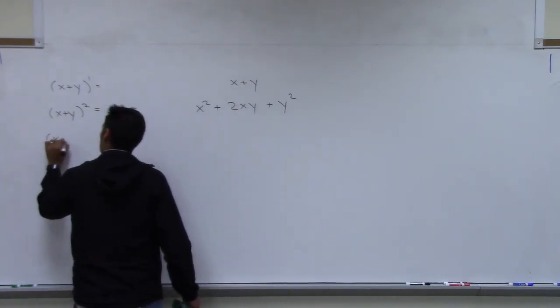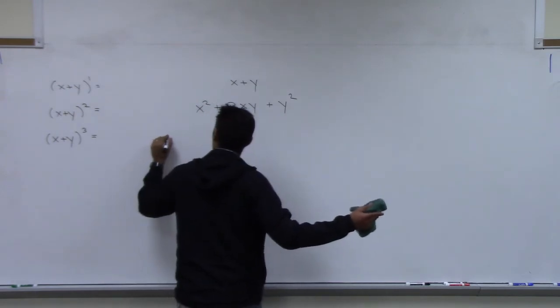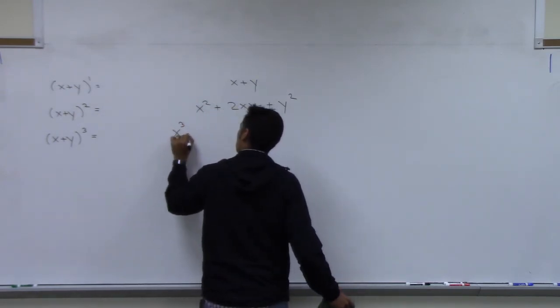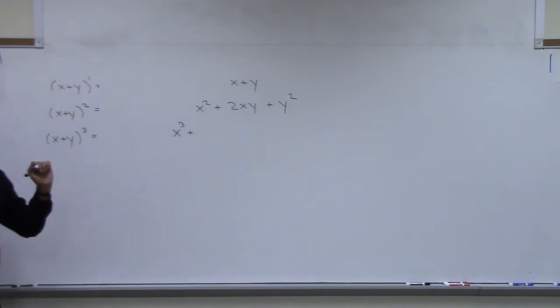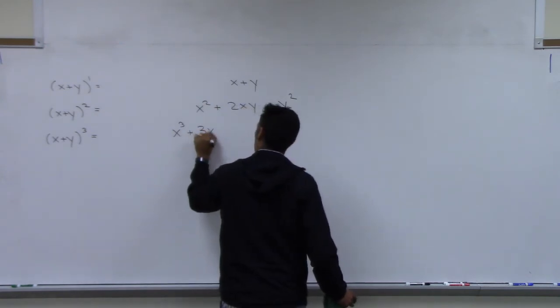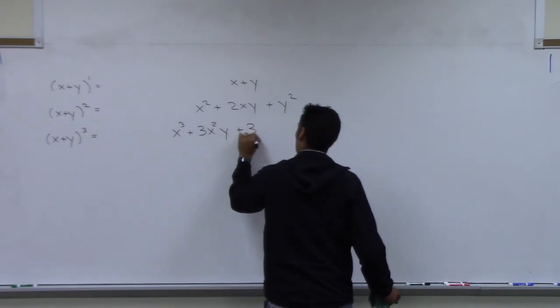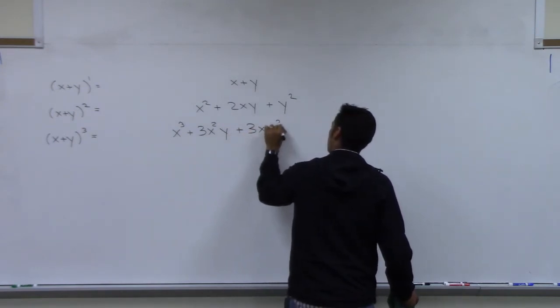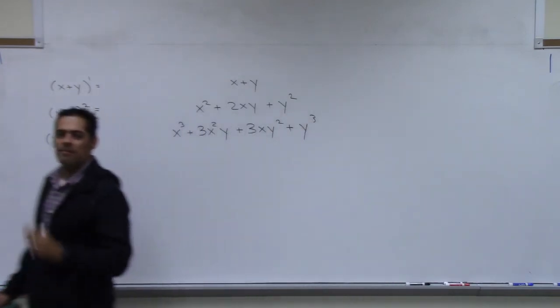Okay, x plus y cubed is x cubed plus 3x squared y plus 3xy squared plus y cubed. Okay, so that's what it is.